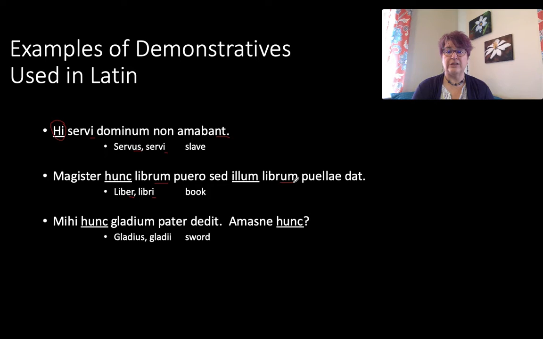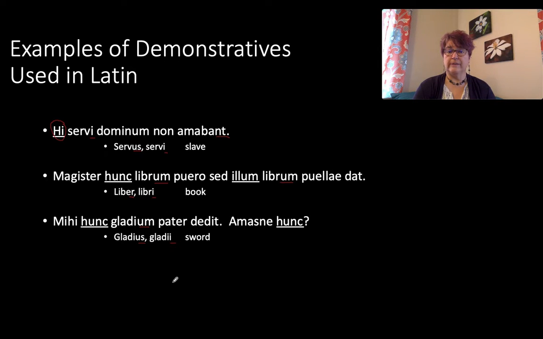Gladium comes from gladius, gladii, again, a second declension masculine noun meaning sword. The um makes it accusative singular, so when I describe it with the demonstrative, it also needs to be accusative and singular. Father gave me, that's the mihi, hunc gladium, this sword.